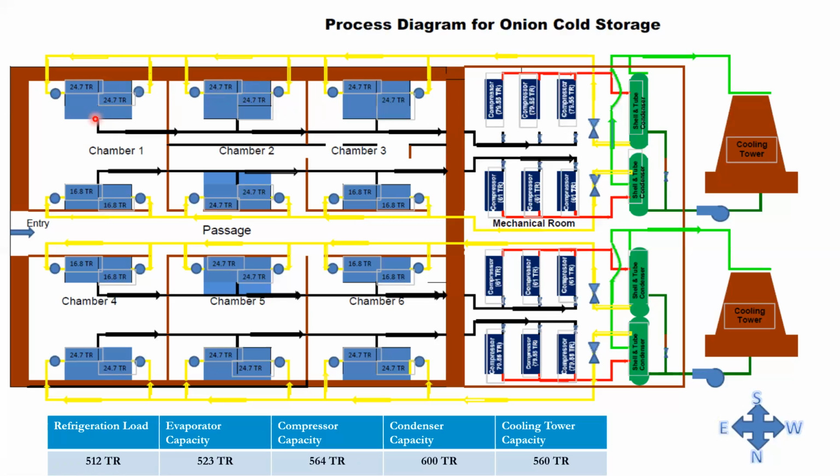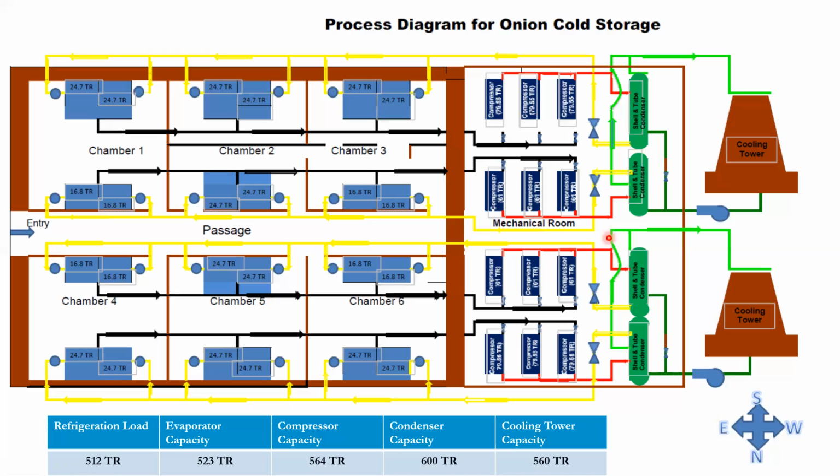Then this is evaporation, then this is suction line, then compression, this is discharge line, then condensation, this is liquid line, back to the evaporator. Similar circuit is there for pre-cooling. We can say this is evaporation. After evaporation, it goes to the compressor, then compression, then the discharge line goes to the condenser.